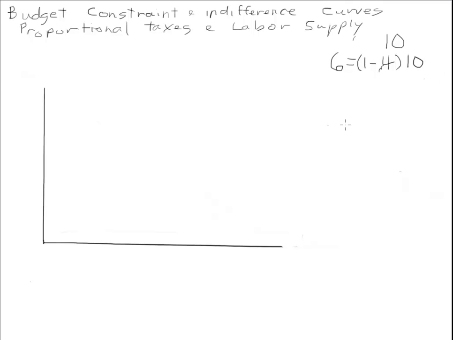Now, let's draw that over here. I'm going to have income up here. I'm going to have leisure down here. Now let's use my ruler. Let's see if I can get my ruler to work here.